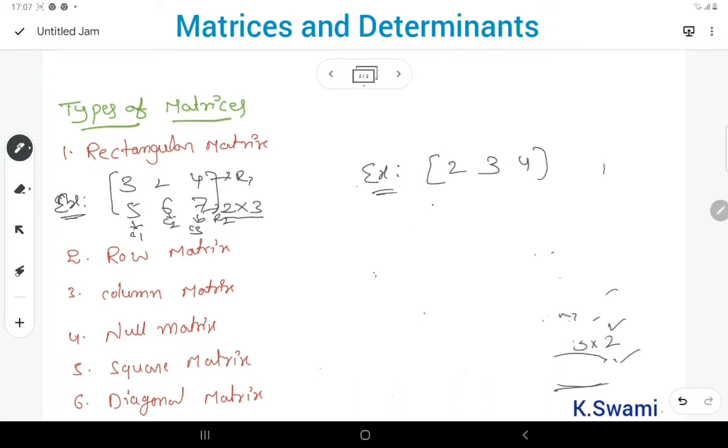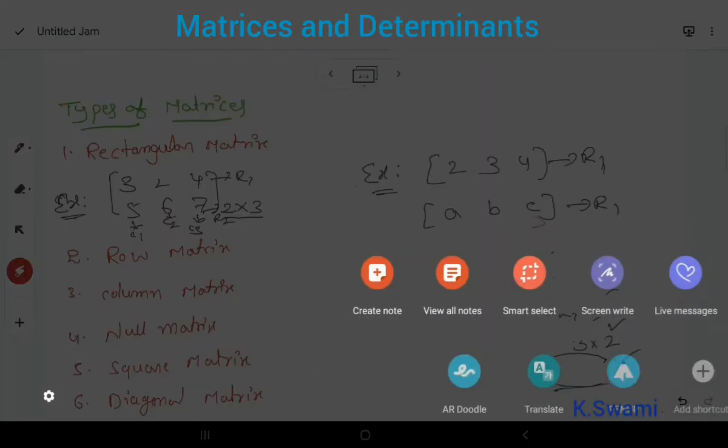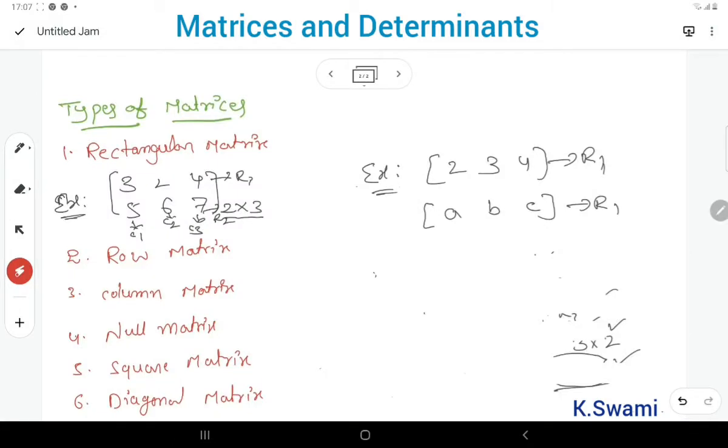Another example is A B C. Both have only one row. So a matrix that has only one row is called the row matrix. Another example is A. It has only one row, so this is also called the row matrix.